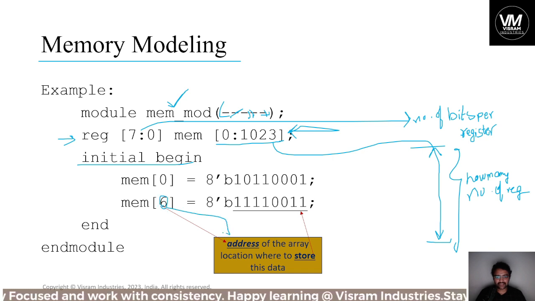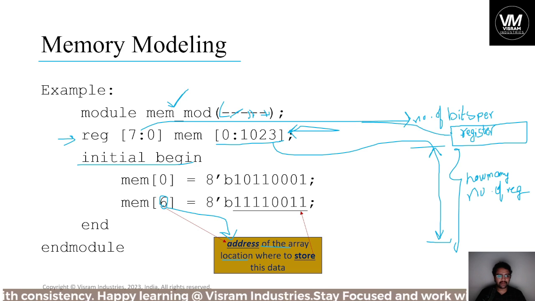So at this address location, address of the array location, so this is the array, right? Register number of bits 0 to 7 is nothing but 8 bits. So 1 2 3 4 5 6 7, I mean 8.